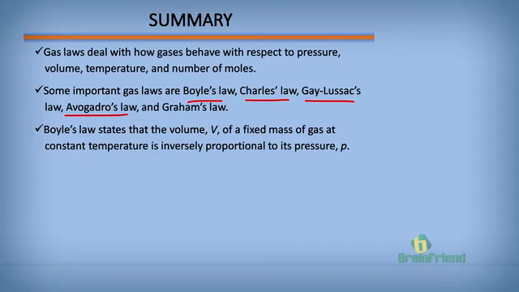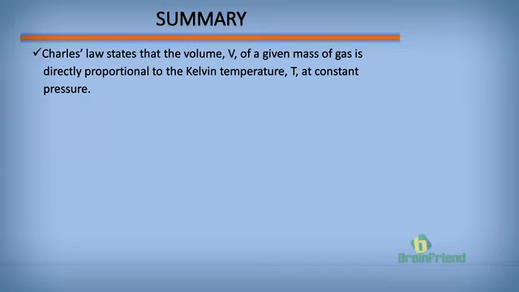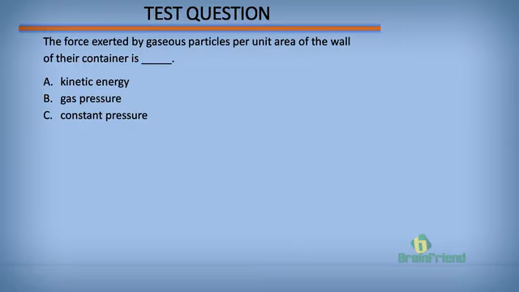We also say that Boyle's law states that the volume of a fixed mass of gas at constant temperature is inversely proportional to its pressure. Now we looked at Charles' law. Charles' law states that the volume of a given mass of gas is directly proportional to the Kelvin temperature at constant pressure.